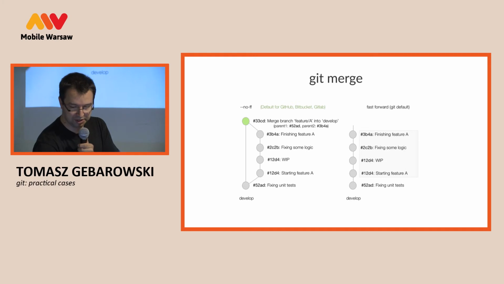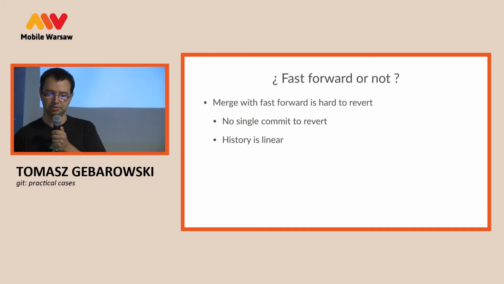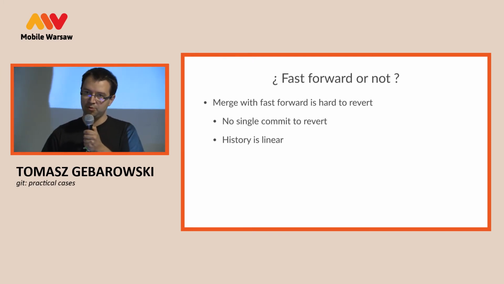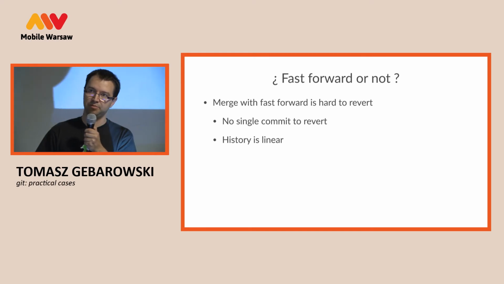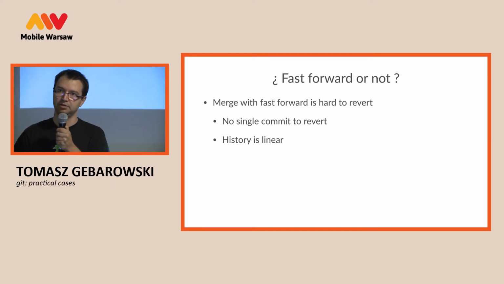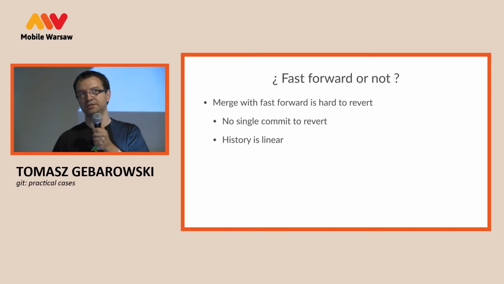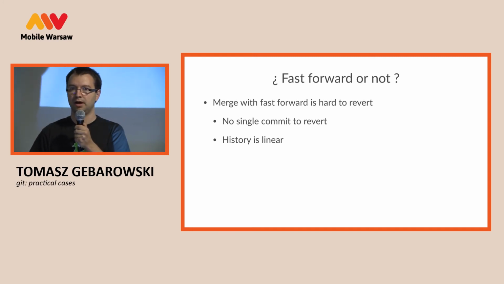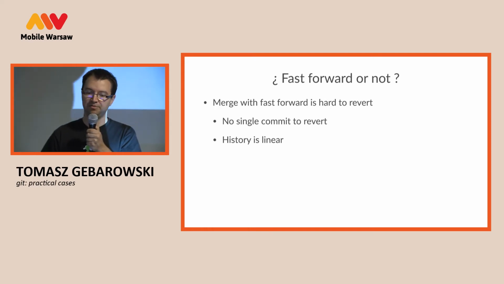And now the question is whether we should fast forward or not. First of all, when we fast forward, these commits are usually hard to revert because we are flattening the history. If we are not squashing these commits and the history is simply flattened, then those commits can't be reverted.